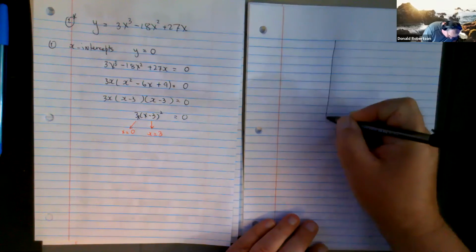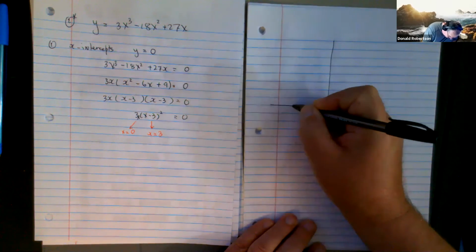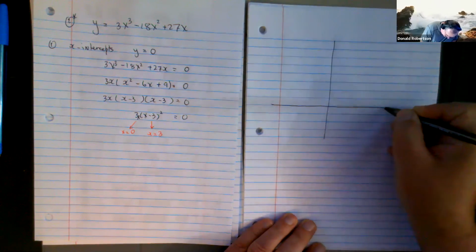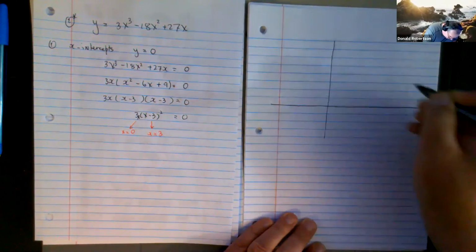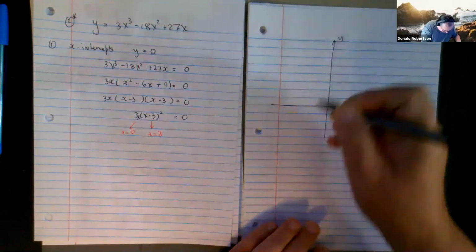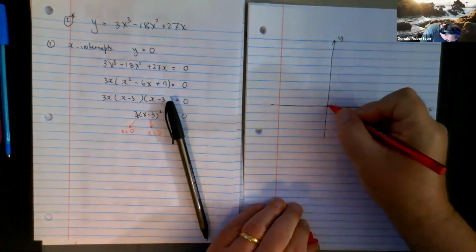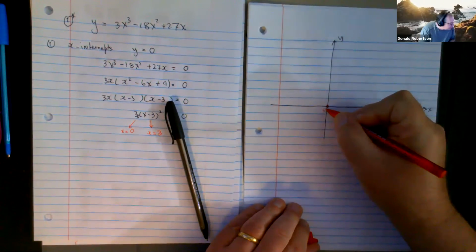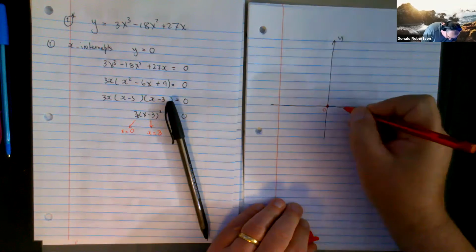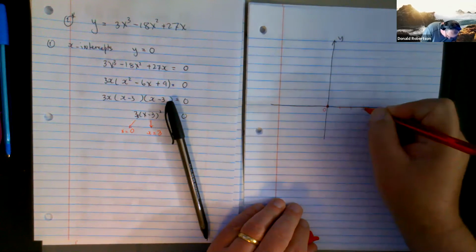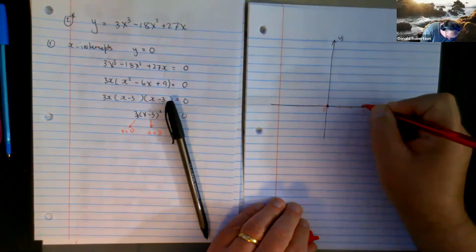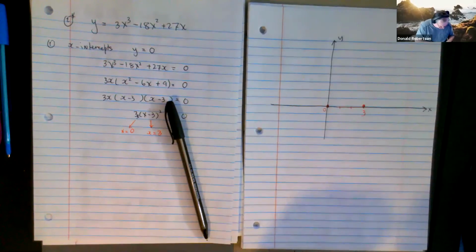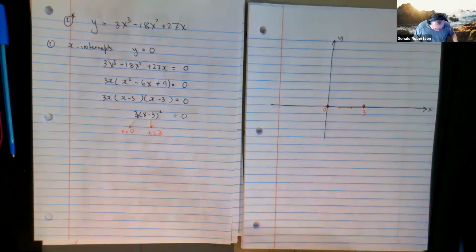Not quite sure how big to make my axes, so I may end up screwing this up, but as I find things, I'm going to stick them on this. So we have x equals 0, which goes here, and x equals 3 goes here. It's pretty much everything so far, right?